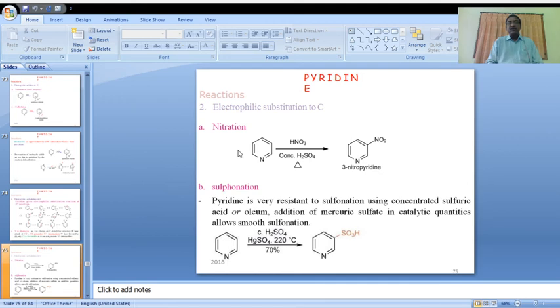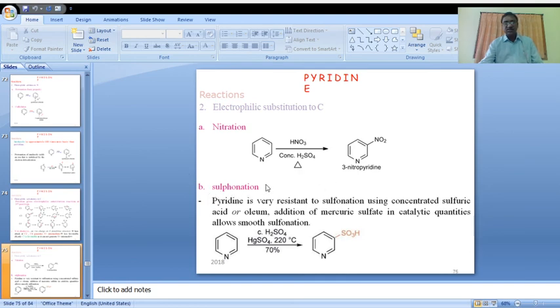Generally, the electrophile, the positive charged species, attacks the C3 position only. Because of that, here we are getting 3-nitropyridine as the major product. Is it clear? This nitro NO2 group attacks the third position. It is the best example for electrophilic substitution reaction.